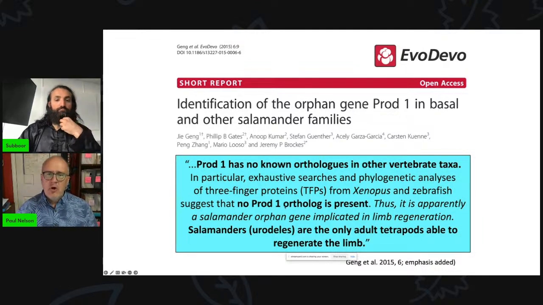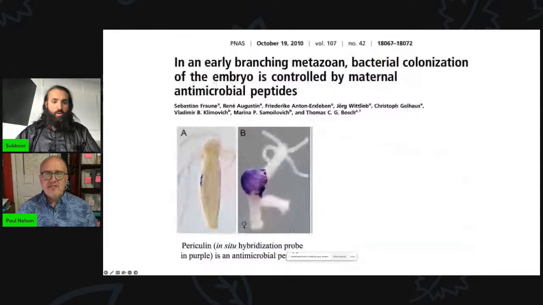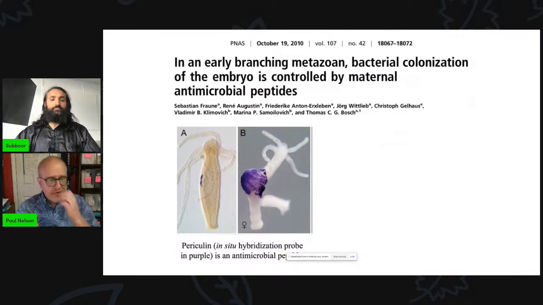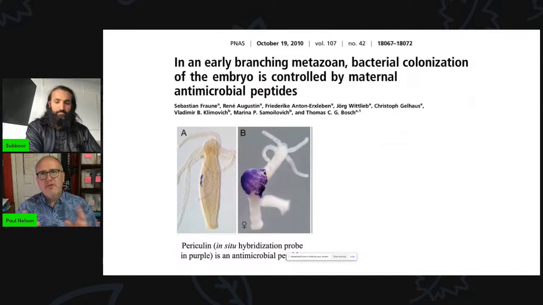All right. No ortholog is present in other groups. Apparently, it's a salamander-specific, taxonomically restricted gene. Last example, and we could do this all afternoon or evening. Other examples of the functional roles of orphans, they are not peripheral. They're central to the biology of their respective groups.